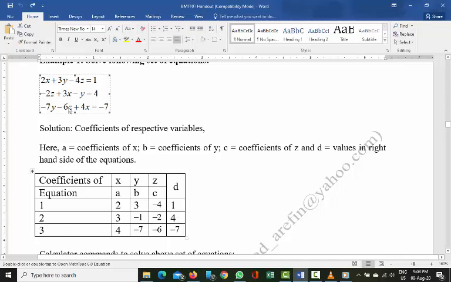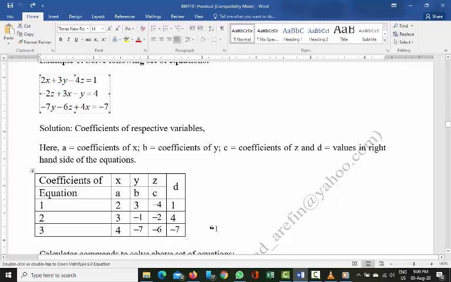Now we will move to the third equation. In the third equation, the coefficient of x is 4, the coefficient of y is minus 7, and the coefficient of z is minus 6, and on the right hand side of the equation we have minus 7, so d is minus 7.